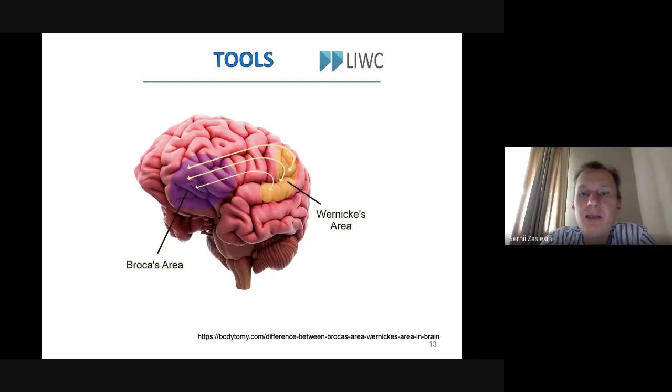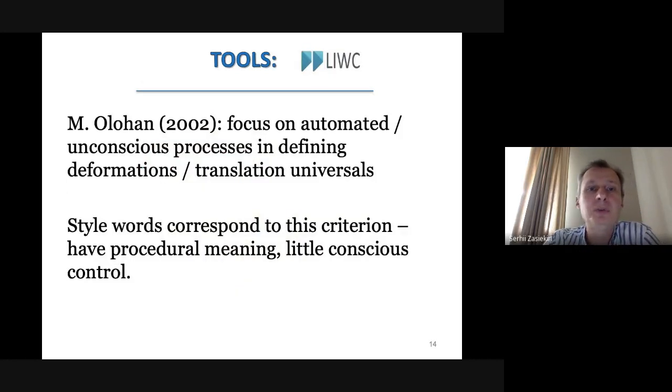Wernicke's area is the domain where, as James Pennebaker said, content words are produced. According to Mim Olahan, the focus on automated unconscious processes in defining deformations should be on style words, that is, she didn't call them style words, but on those words that have procedural meaning.